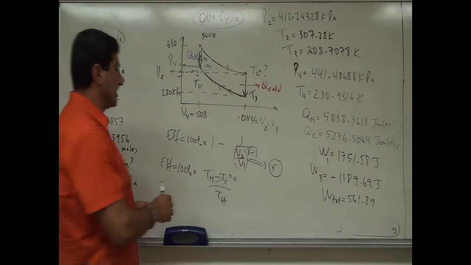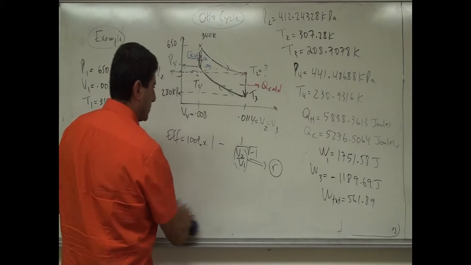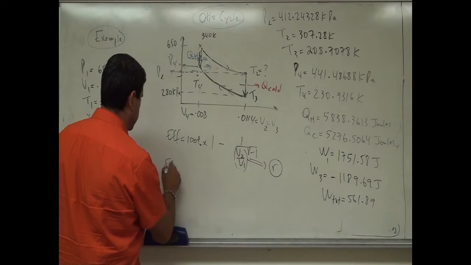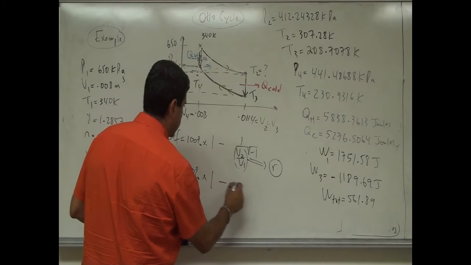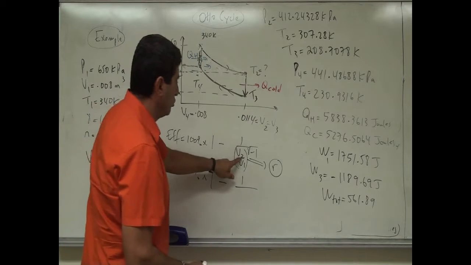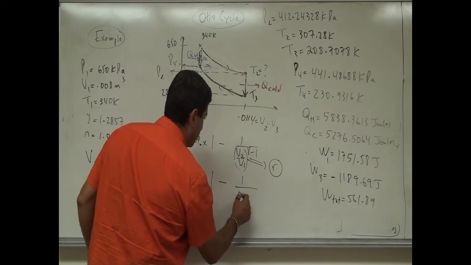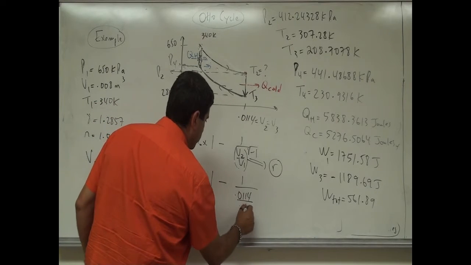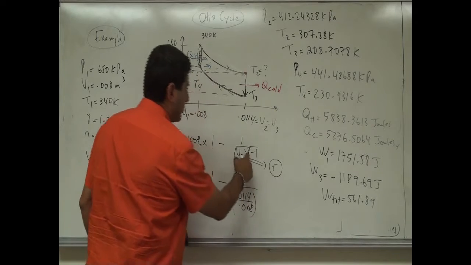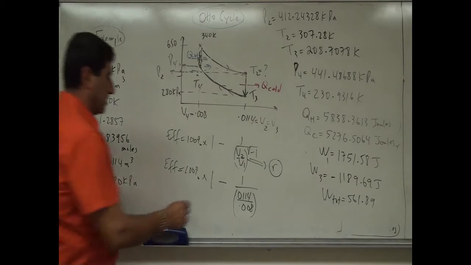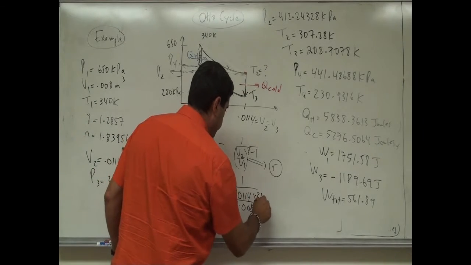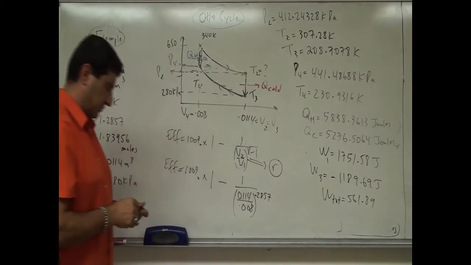Now let's see if this equation is working. We have efficiency 100% times 1 minus 1 over V2 over V1, which is 0.0114 divided by 0.008, raised to the power 1.2857 minus 1, so 0.2857.